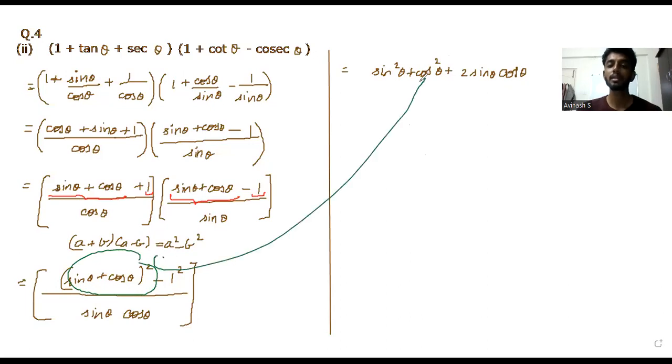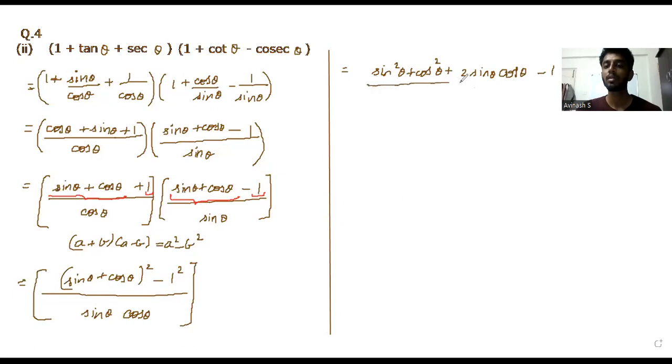A plus B whole square will become A square plus B square plus 2AB. That 2AB term is what I've written over here. And apart from this, we also have a minus 1 square, which should also be taken into consideration. So I'm writing minus 1 square, which is minus 1, since 1 square is 1. Whole divided by sin theta cos theta.